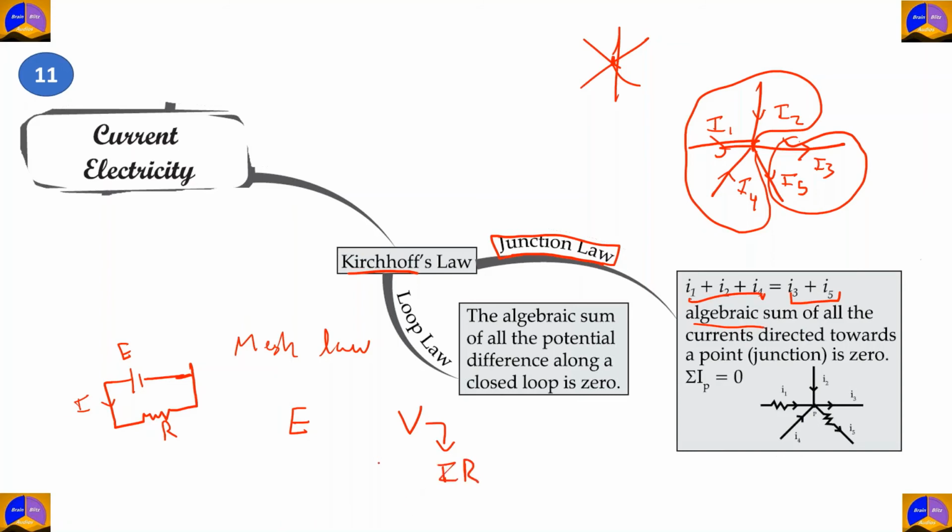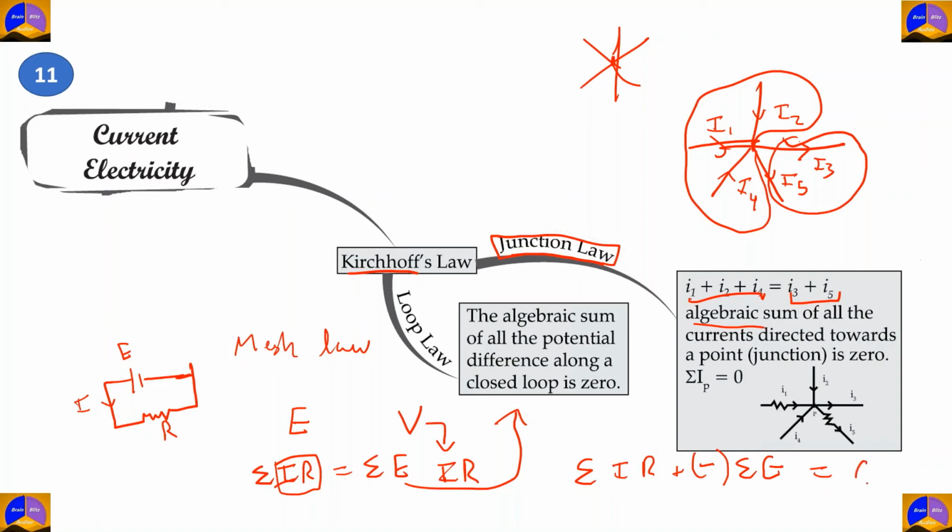So according to Kirchhoff's second law, sigma IR, which is the sum of all the products of current and resistance, would be equal to sigma E, which is the sum of all the EMFs of the combination. And in accordance with this statement, it would mean that sigma IR minus sigma E would be equal to 0.